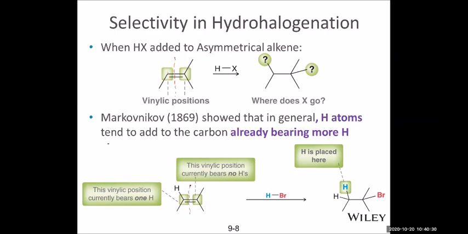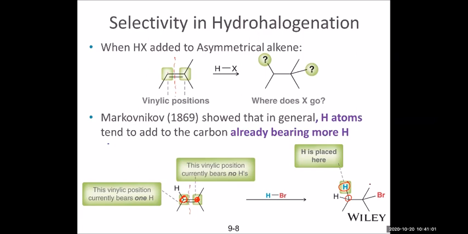On the right-hand side there are more carbons; on the left-hand side there are fewer carbons and more hydrogens. By adding the hydrogen halide, hydrogen bromide, the hydrogen tends to add to the carbon that already has more hydrogen, and the bromide adds to the other one. So we call this the Markovnikov rule.